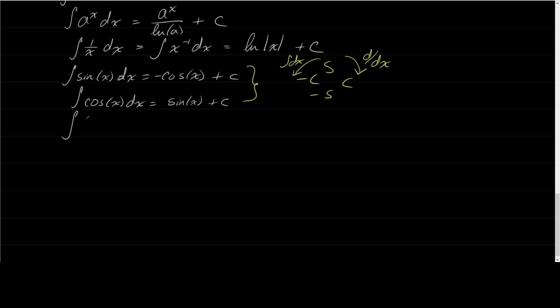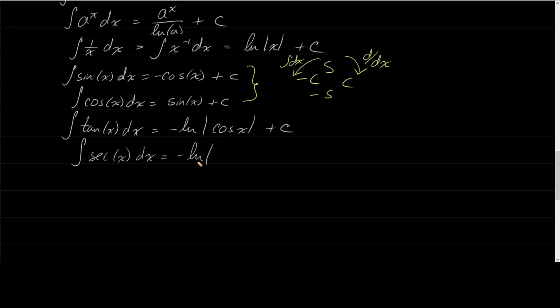We also have the integral of tangent. The integral of tangent is negative ln of the absolute value of cosine of x plus c. The integral of secant is, excuse me, this one's positive, ln of the absolute value of secant of x plus tangent of x plus c.